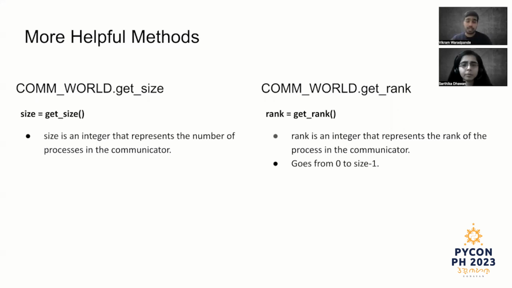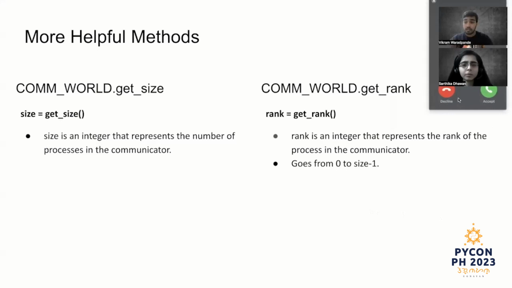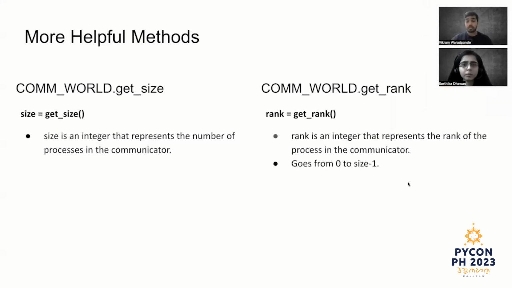And get rank basically enumerates each of those processes as a self-identifier kind of thing. So if there are five processes running in my MPI world, the processes would have values ranging from 0 to 4, because there are a total of 5 processes.